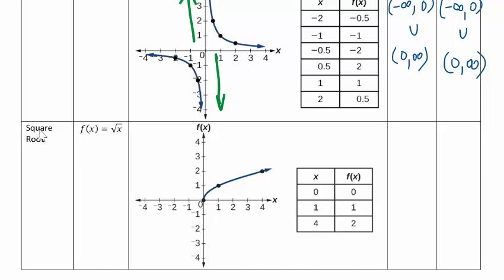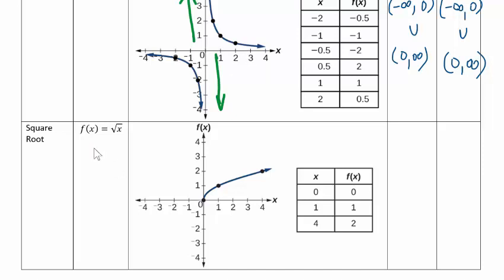And another toolkit function is the square root function, which is f of x equals the square root of x. And we can see that some x values do not exist on the graph, and that's because when x is a negative number, we end up with a non-real solution or a non-real output.